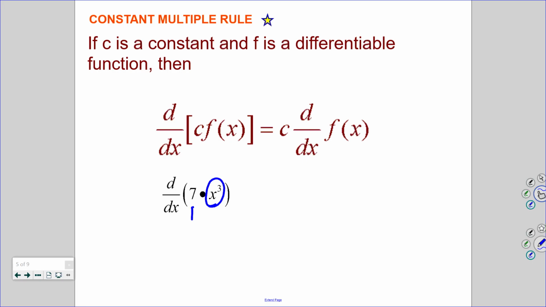But if we end up multiplying it by a constant, we've got to know what to do in those cases. So according to the constant multiple rule, you're going to take the constant and put it out in front, and multiply it by the derivative of the x to the third.